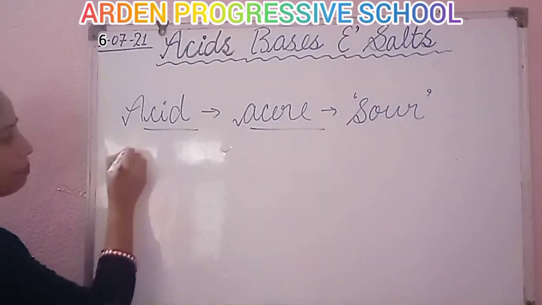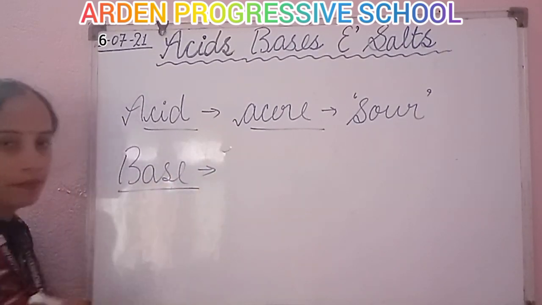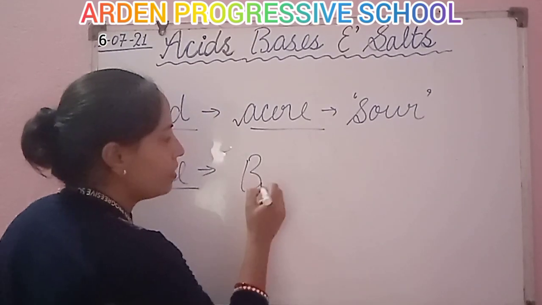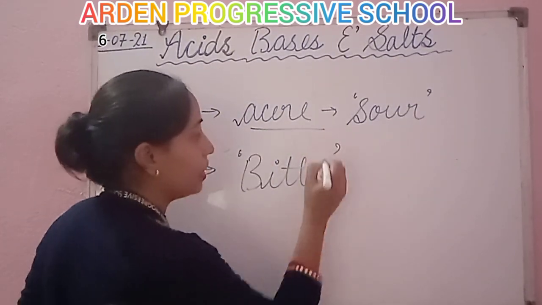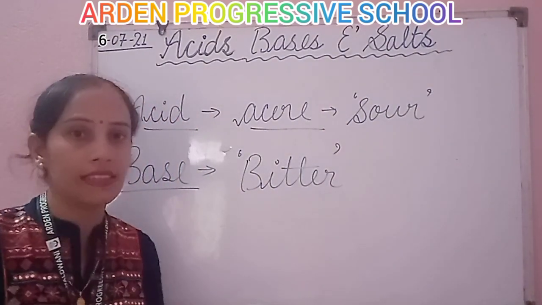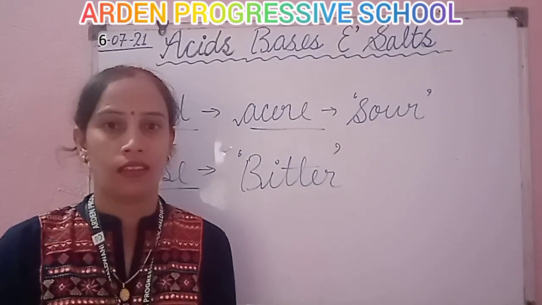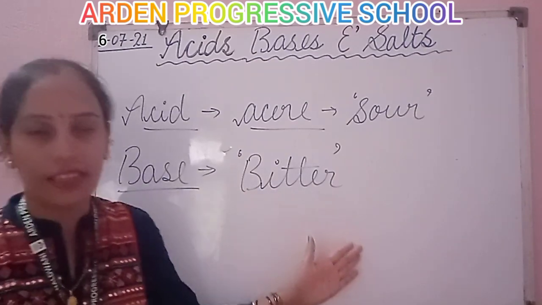Okay, next is base. Bases are the substances which are bitter in taste. Bitter means kadve. Okay, and when you touch the bases, you feel a soapy appearance.